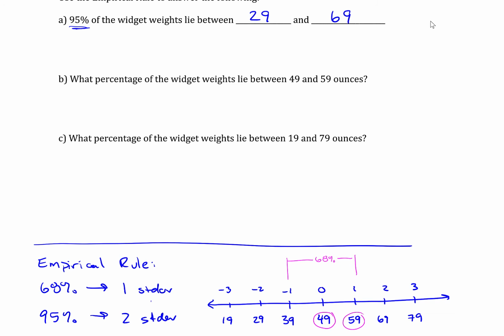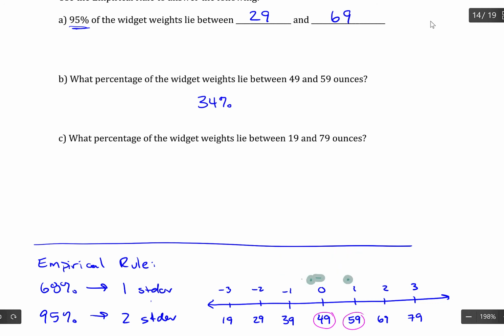But this distribution, being bell-shaped, is perfectly symmetric. So what we can assume is there's actually 34% on the left and another 34% of the data on the right of those values. So you can just take half of the 68 to say that between 49 and 59, there's about 34% of the data.